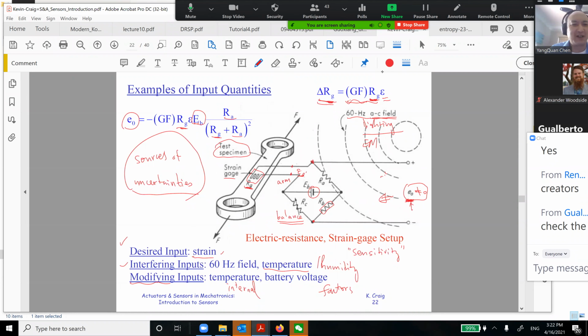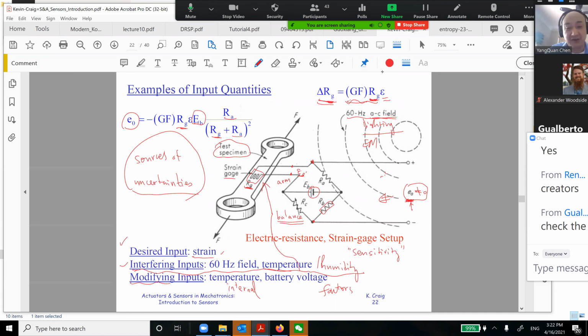This is electromagnetic, say for example, from light bulbs, lights. So those are frequencies. So those are interfering inputs, okay? Those are the interfering inputs, the 60 Hertz field. And also you have different temperature, different humidity, then this behavior is also different, okay?